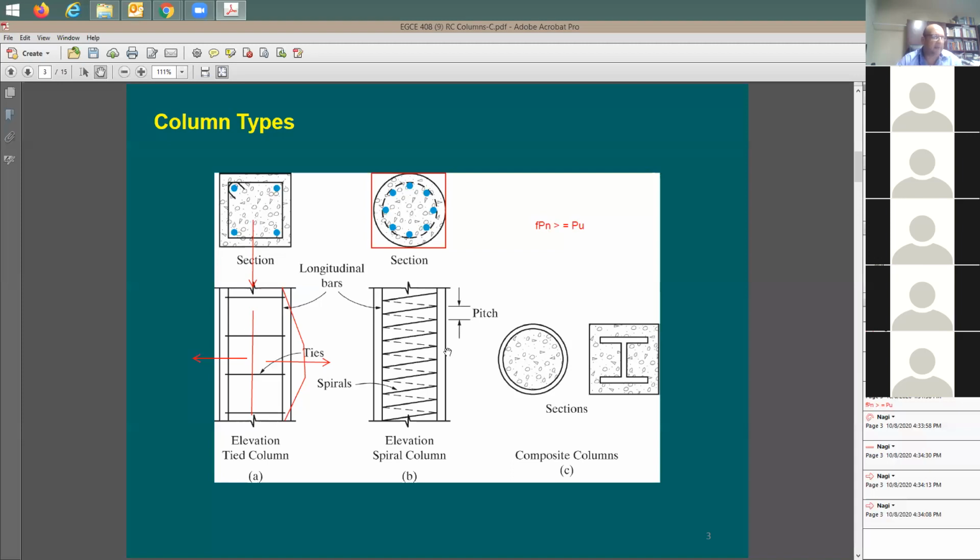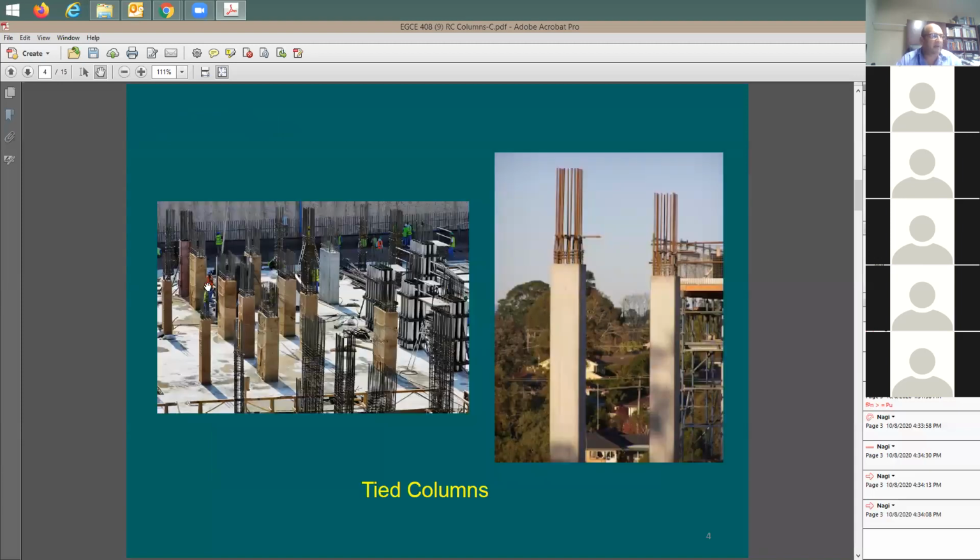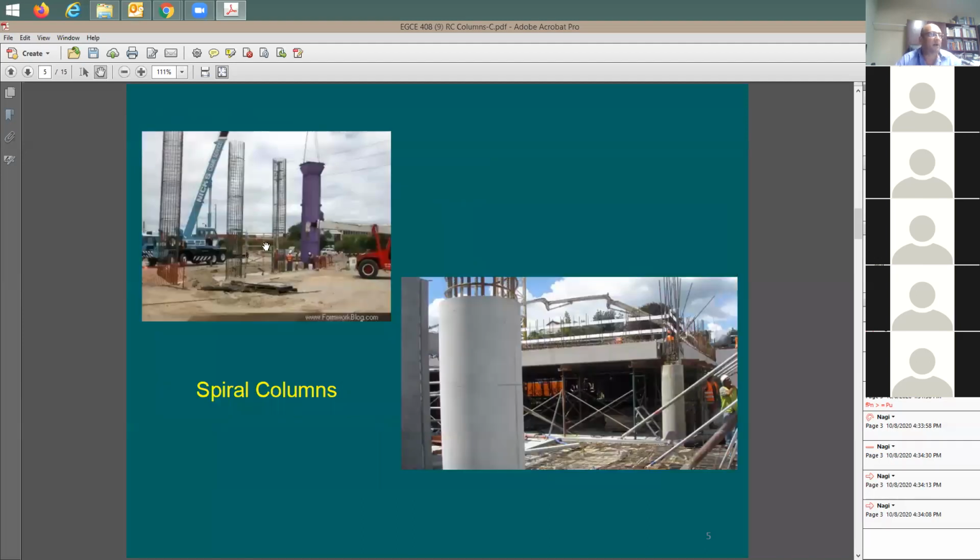Here are some tie columns, and you see the way it is built. On the top, you're going to have some dowels that stick above, and you see that they bend them inside because a new column is going to come on top, and the rebars need to overlap with these dowels, like what you see here. The spiral column, like here, is usually for bridges and big holes.